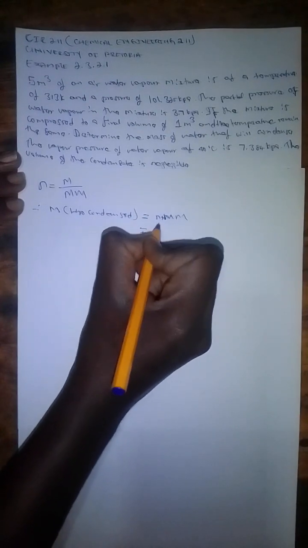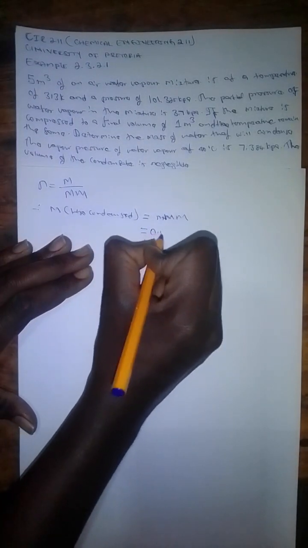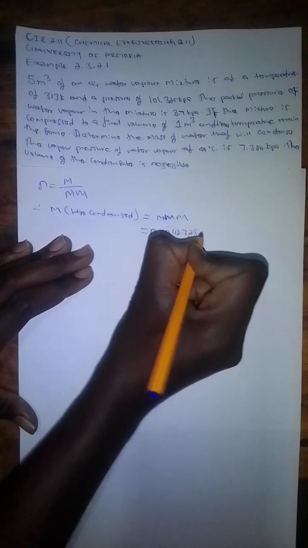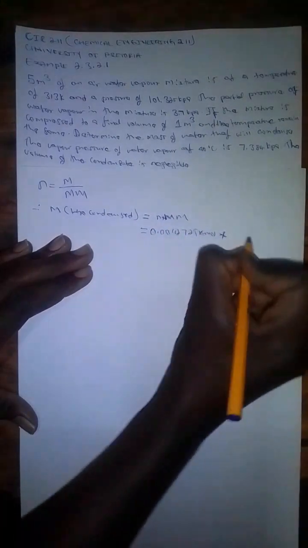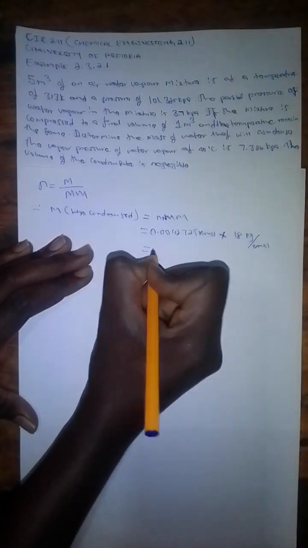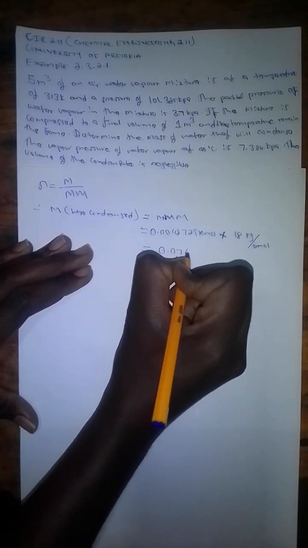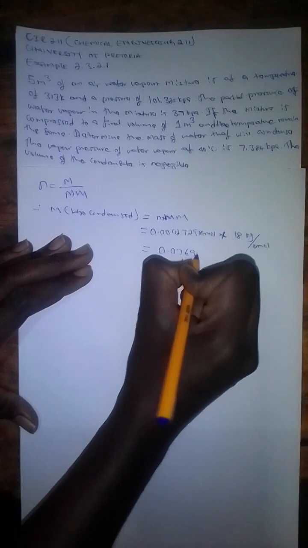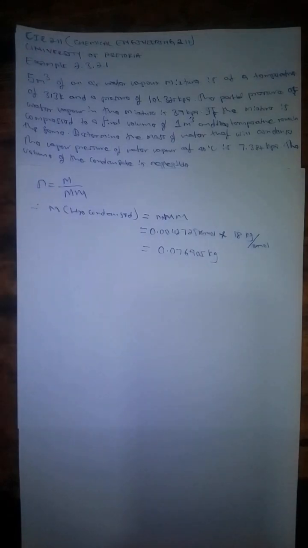And that equals our number of moles, which we've already calculated to be 0.0042725 kilomole, multiplied by the molar mass of water, which is 18 kilograms per kilomole. And if you use your calculator, it's going to give you 0.076905 kilograms.